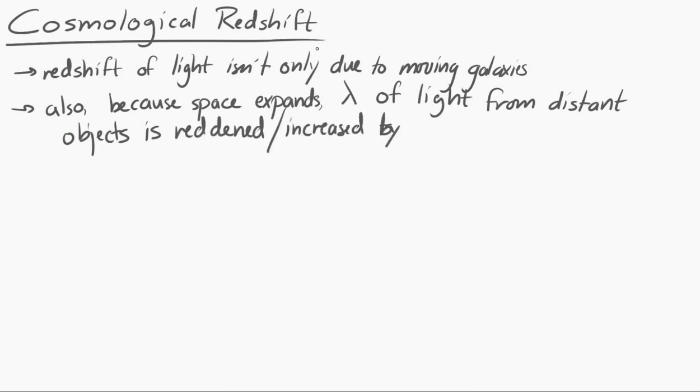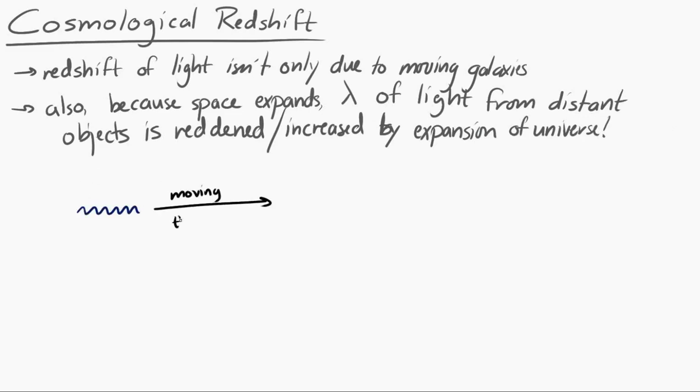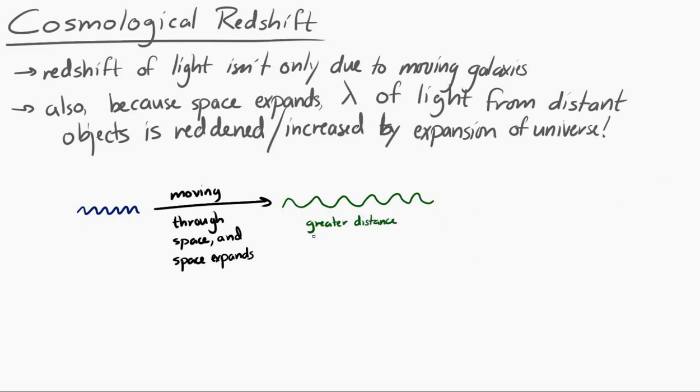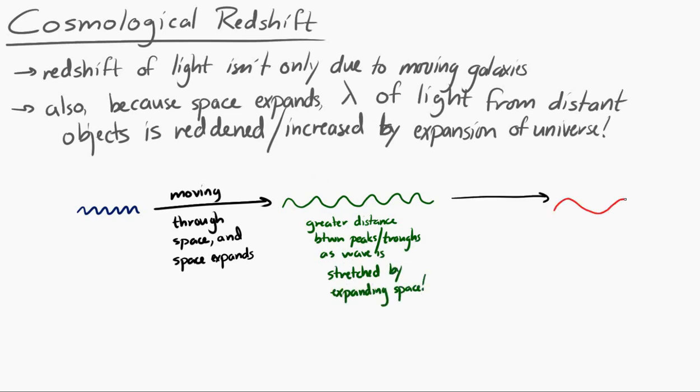And one way to think about this is, as light is traveling through space to us from a distant galaxy, the distance between the peaks and the troughs actually increases because space is expanding, it's stretching. So the wavelength of the light also expands and stretches, which increases the wavelength. This is called the cosmological redshift.